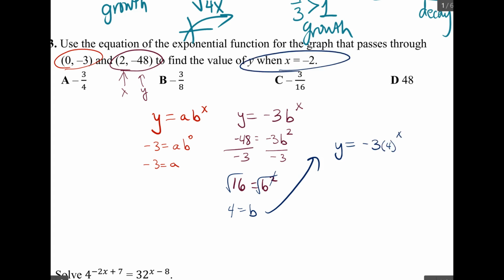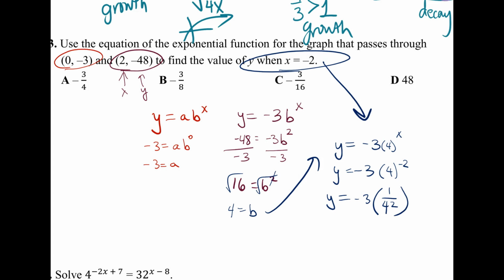And I want to know what y is when x equals -2, so let me put in -2. -3 times 4 to the -2. Same thing as -3 times 1 over 4 squared. Do you see how I got rid of the negative in the exponent by flipping 4 to the other side of the fraction? Exactly, -3 over 16.